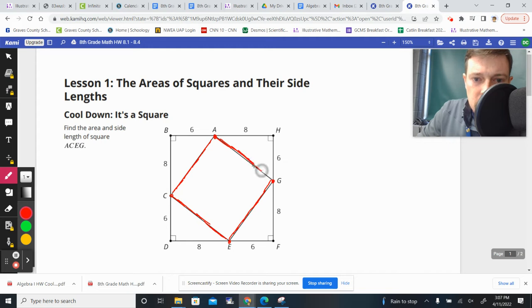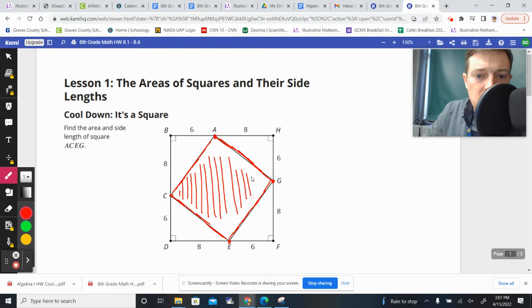So ACEG is this square. We want to know how much area is inside of it, how much space is inside this red shaded region, and we also want to know how long its side lengths are, which should all be the same because it's a square.